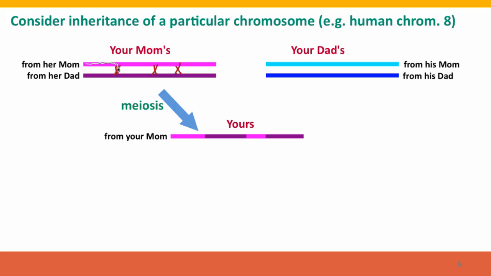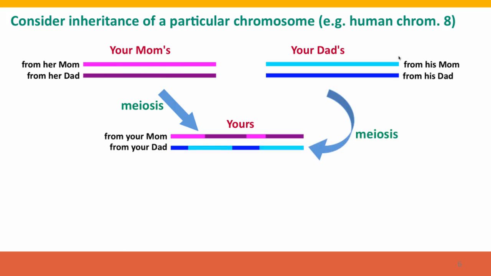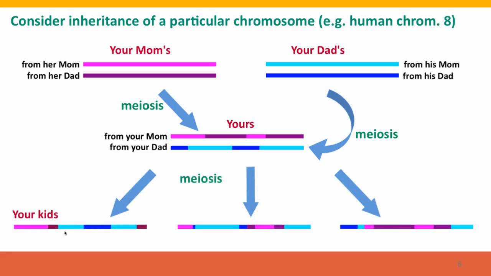so that the chromosome that you inherit has that information from your grandmother, from your grandfather, from your grandmother, from your grandfather. The same is true for the chromosome that you inherit from your father. It's a new combination of the information, the different versions he got from his two parents. And again, when you have children, your gametes will contain new combinations produced by more crossing over.